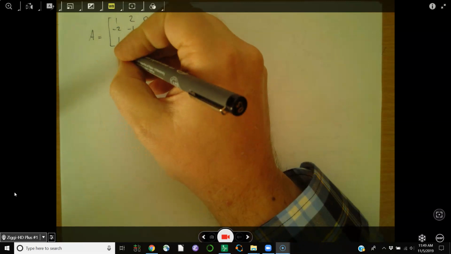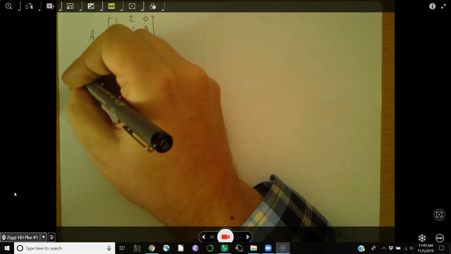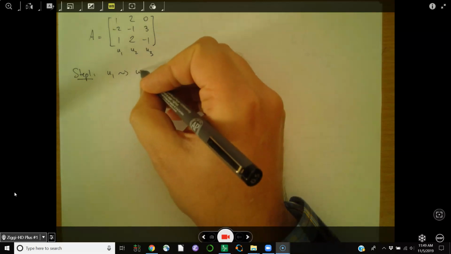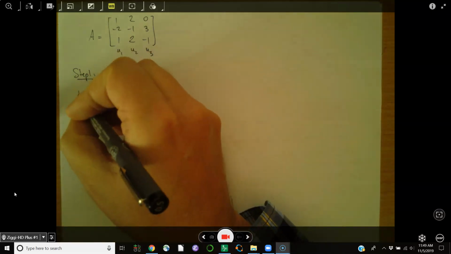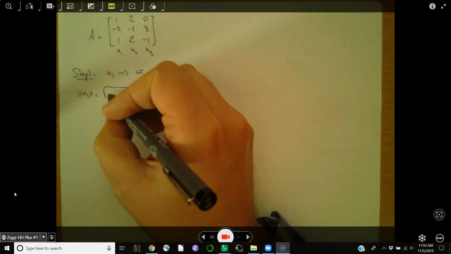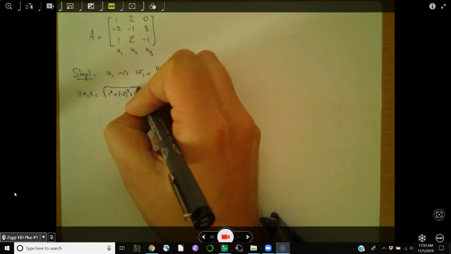Alright, so let's start out with these vectors. Let's give them names, u1, u2, u3. Step 1 consists in simply taking u1 and normalizing it, right? So w1 should be u1 over the norm. Let's compute the norm of u1. That's the square root of 1 squared plus -2 squared plus 1 squared, which is root 6.